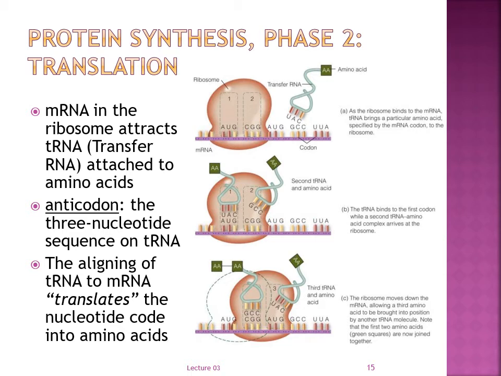Because each anticodon is complementary to only one codon, the tRNA can only connect to the mRNA at a particular location. Multiple tRNA molecules must line up in a particular order, defined by the sequence of the mRNA codons. Those codons on the mRNA only occur when their complementary triplets were present in the DNA molecule.